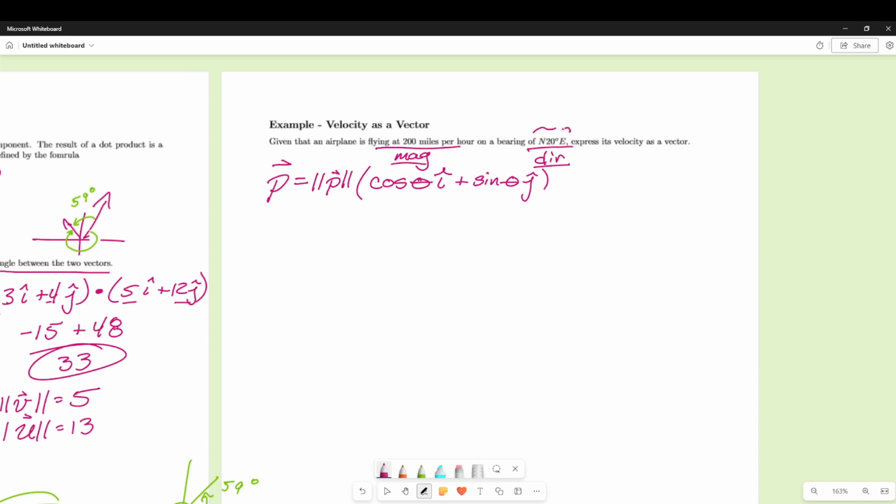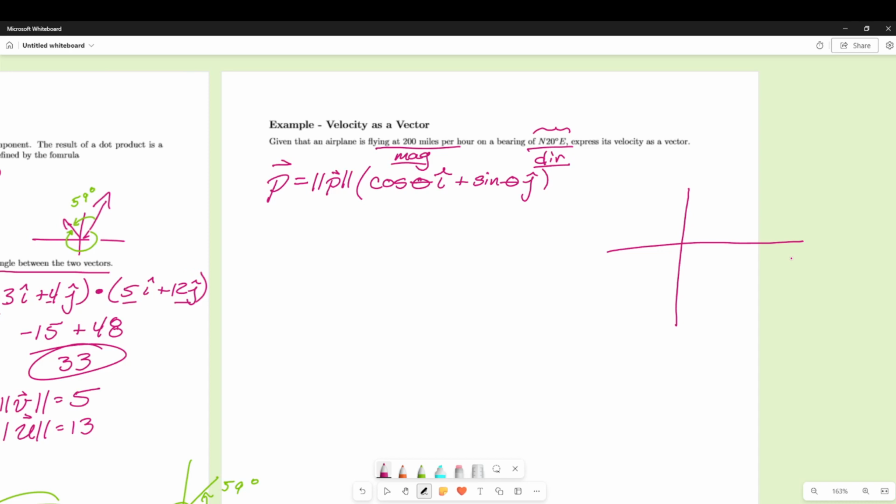The thing we have to be able to do is convert our bearing information into this theta. And really, what we consider our angle, you can measure your angle from anywhere you want. The requirement is it has to be measured from the same place in the same direction for every aspect of your problem.